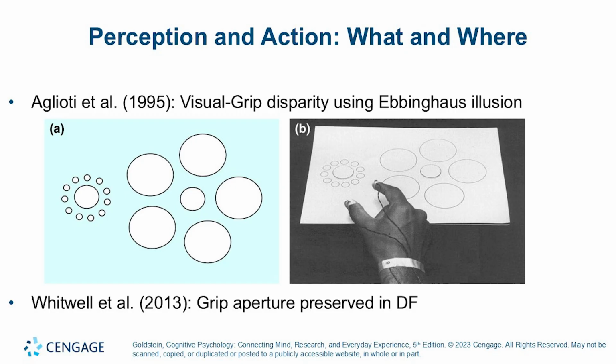So the where pathway that is involved here, because we're using this information for action, is completely uninhibited by the illusion and is acting as though the illusion isn't happening.